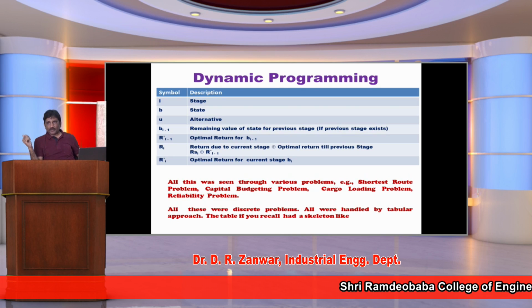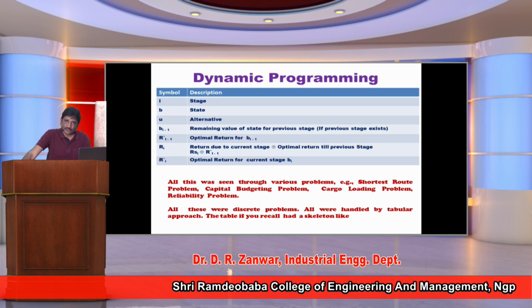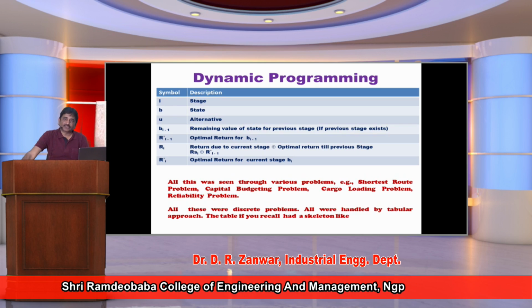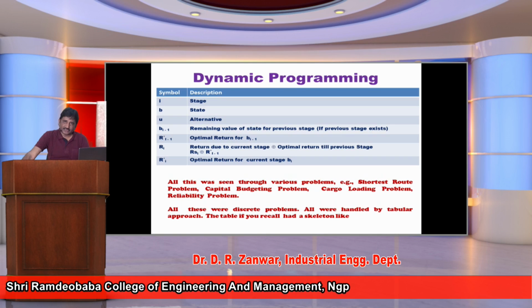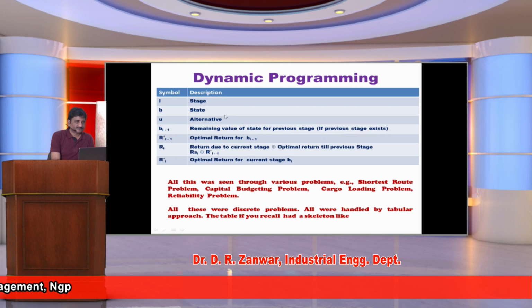When we go from one stage to another, the return till that stage, the objective function value till that stage, is comprised of the return for that stage and the optimal return for the remaining value of state from the previous stage.